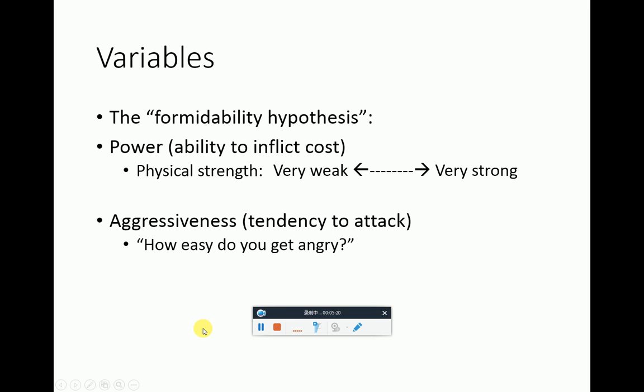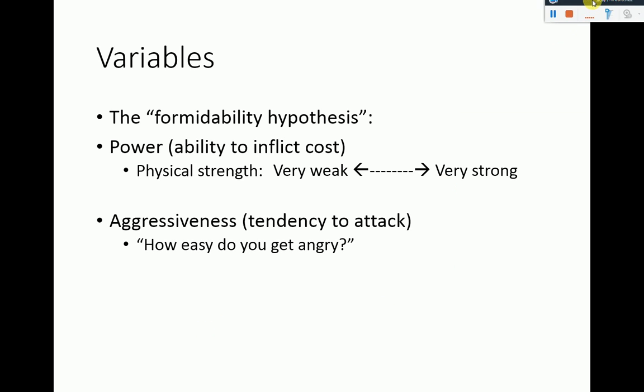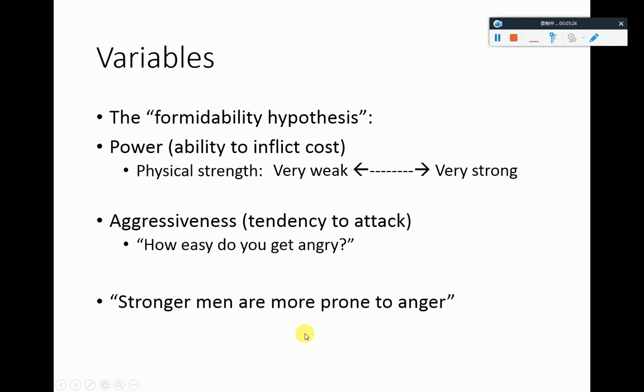And yesterday we were talking about this formidability hypothesis, using it as an example illustrating the function of variables. So we say we can turn power and aggressiveness, these two concepts or these two constructs, into variables by assigning values to them.